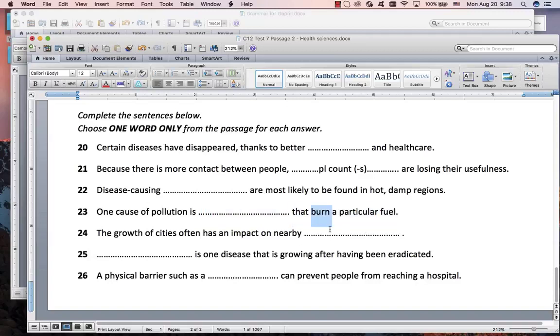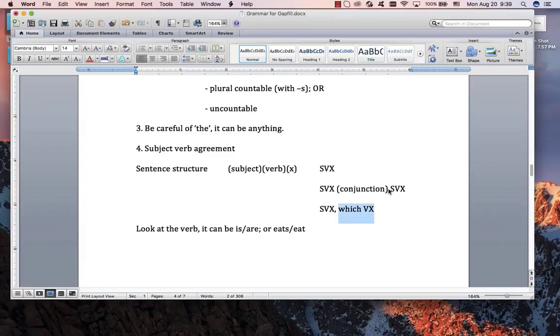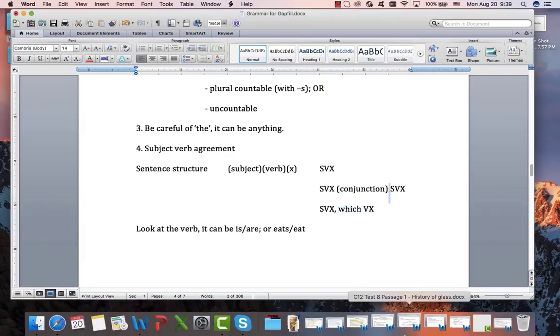So because this doesn't say burns, it says burn, no S. That means this is plural countable. So in this test, 3 of these you could find out that they were plural countable by looking at the verb. Great. Let's look at another example.